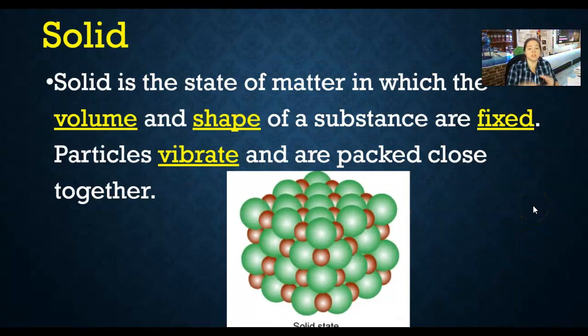All right, so solids. A solid is a state of matter in which the volume and shape of a substance are fixed. So it's a fixed shape, fixed volume. And what you're going to see is the particles are vibrating. They're really close to each other, but they're vibrating. That's all they're doing. Fixed shape, fixed volume.